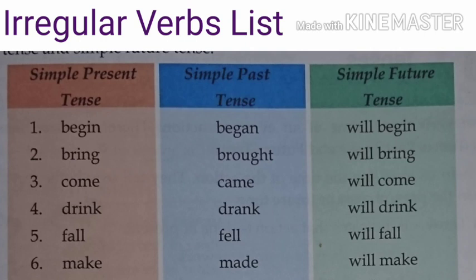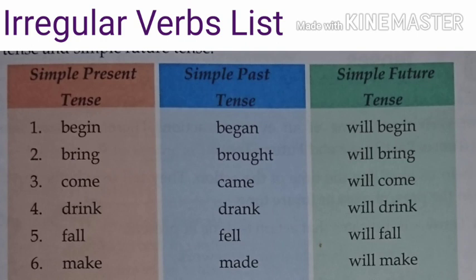Look at the first word given in the table. The first word is begin. Begin is in the simple present tense, and the word becomes began in the simple past tense. And in simple future tense, it is written will begin. Look at the next word, bring. Bring is the verb in the simple present tense, and it becomes brought in the simple past tense.